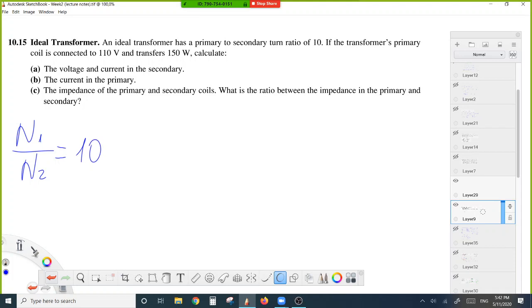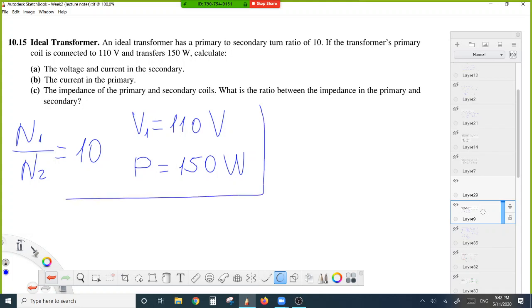So the voltage in the primary is 110 volts, and the power transmitted through the transformer is 150 watts. Now we need to compute the voltage and current in the secondary, V2 and I2.